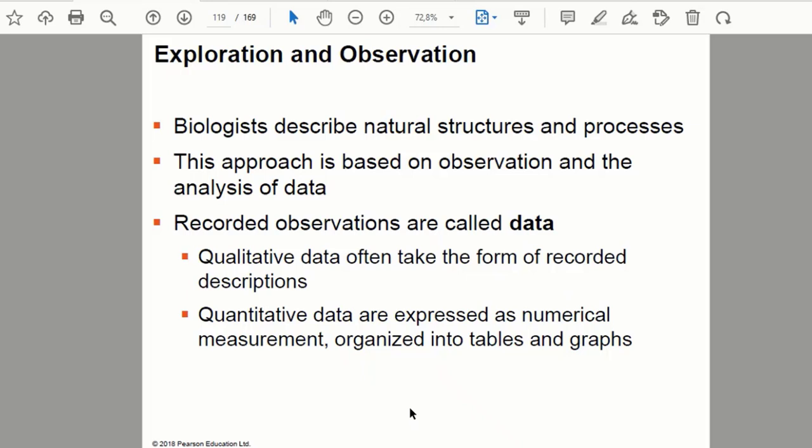Then there's quantitative data, which is expressed as numerical measurements organized into tables and graphs, which are mostly the ones, on a lower scale, that you might be given as an assignment or as a mini dissertation for your honours, to go and experience.